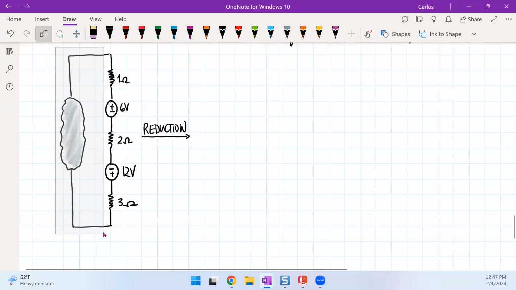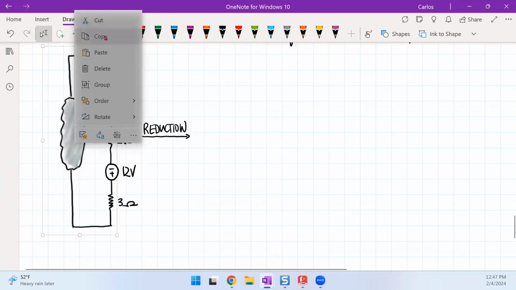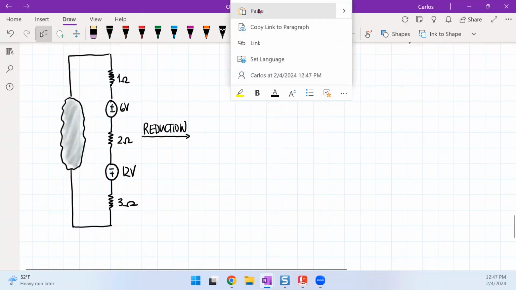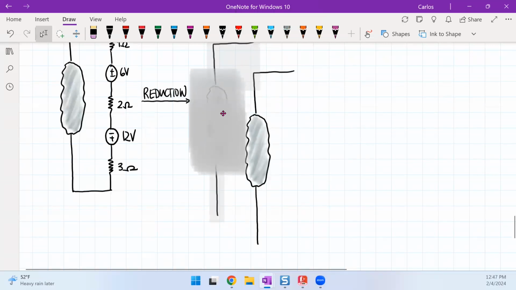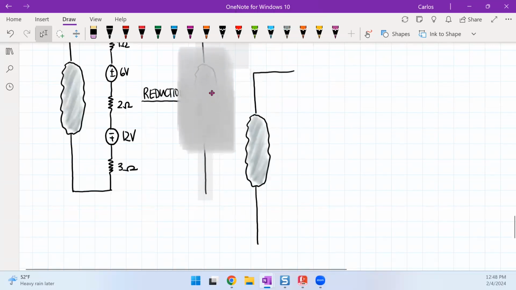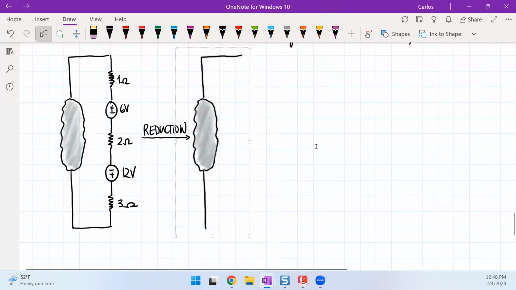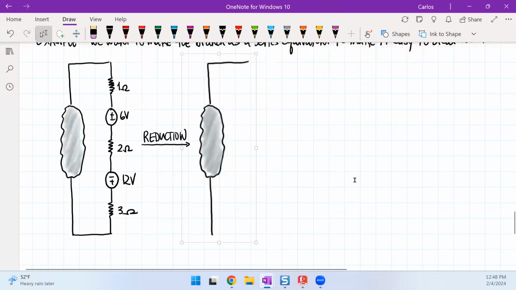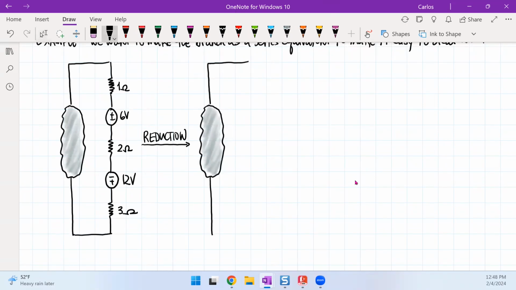So I'm going to copy this and paste it over here to move quicker. So here's our branch. The first thing I'm going to do is move all of the resistors. I'm going to have 3 resistors in series, and I can move them right past the power supplies.